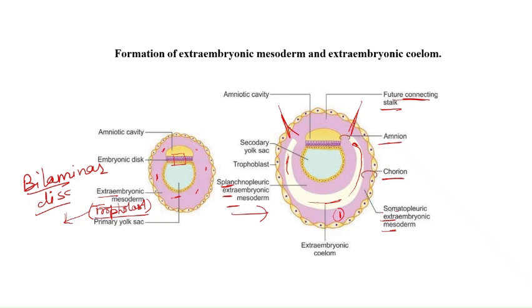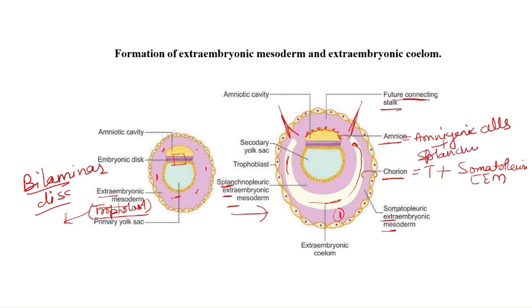So at this stage, we can say chorion equals trophoblast plus somatopleuric extraembryonic mesoderm, and amnion is made up of amniogenic cells plus splanchnopleuric extraembryonic mesoderm.